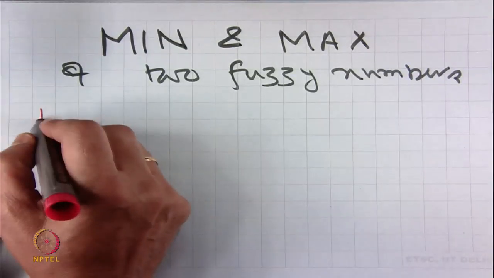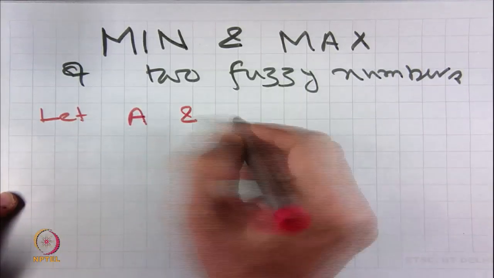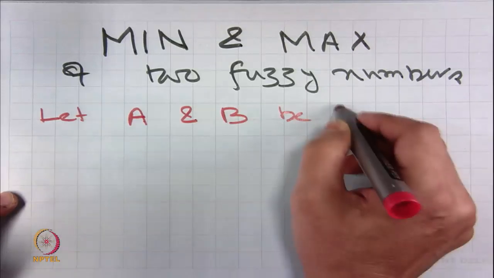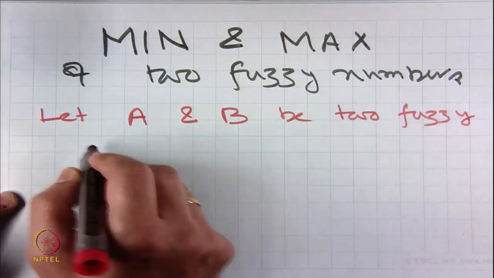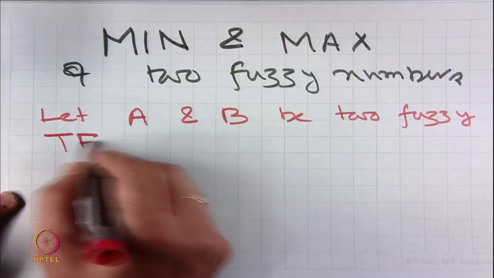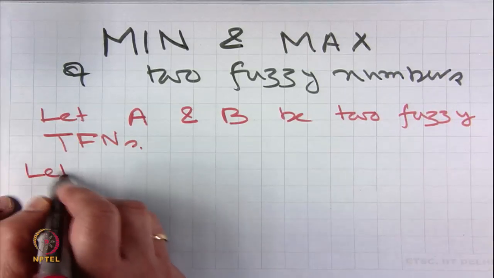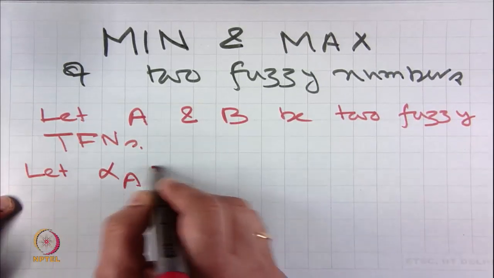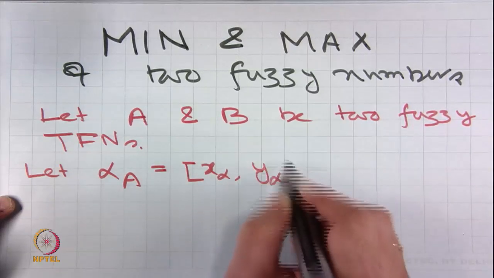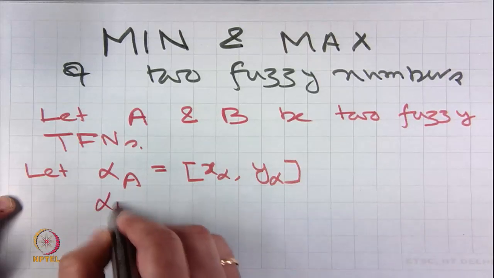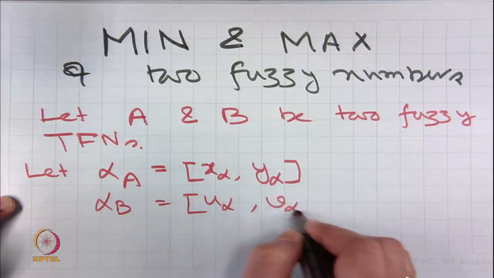Let A and B be two fuzzy TFNs, or triangular fuzzy numbers. Let alpha cut of A be [x alpha, y alpha], and alpha cut of B be [u alpha, v alpha].